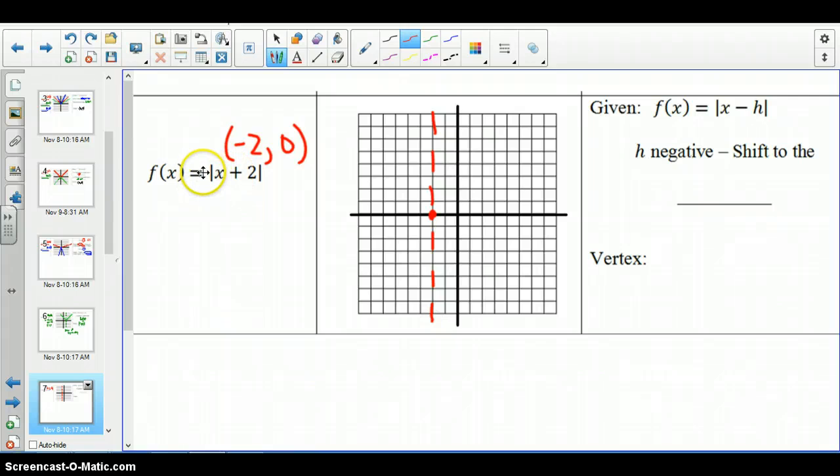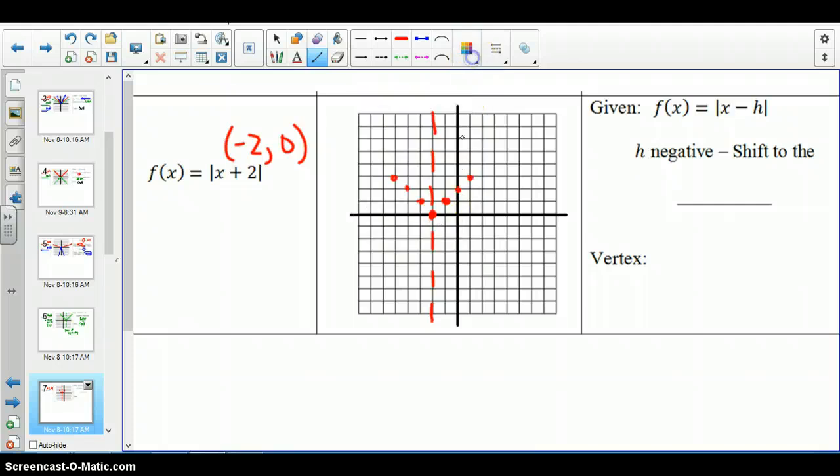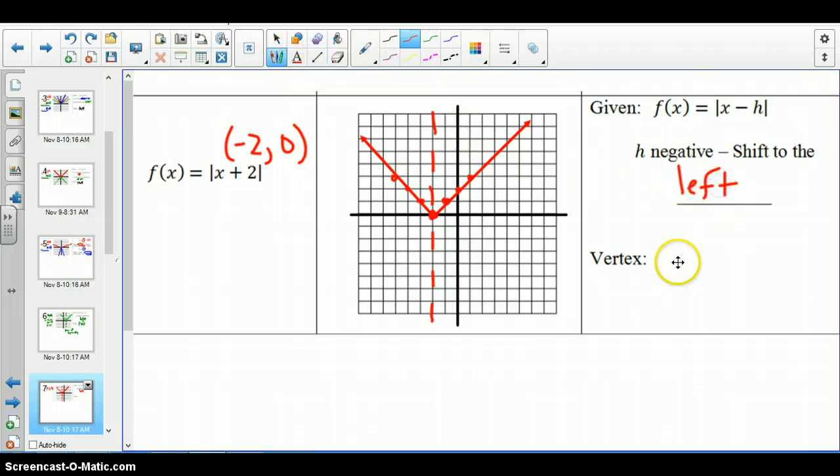My slope out in front is positive, so it's opening up, and it's 1, so I'm going to go up 1 to the right one, and up 1 to the left one. So when you find that number to be positive inside, it's a shift to the left. And your vertex for this was negative 2, 0.